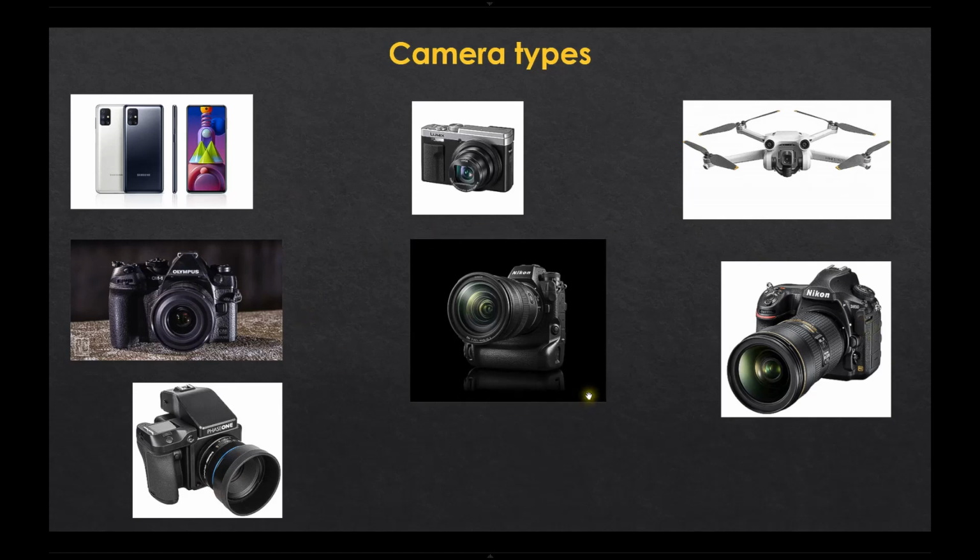Then looking at more conventional things, we have the crop sensor mirrorless cameras, the full frame sensor mirrorless cameras, the digital DSLR, and of course the large medium format cameras. They all do largely the same thing but at different qualities. Obviously a smartphone is going to cost you a few hundred dollars, whereas something like this type of medium format camera could cost you up to $50,000.